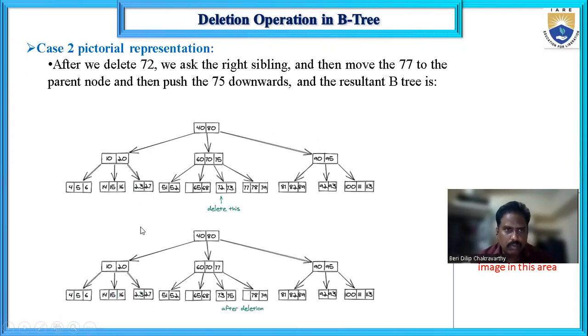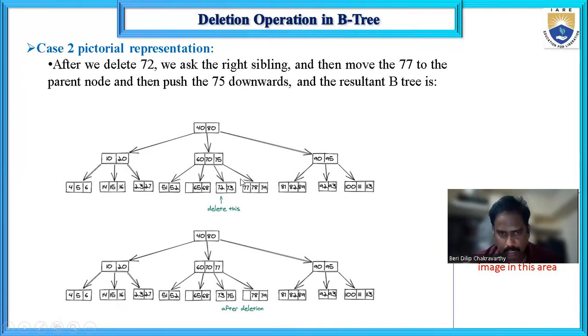In case two, we'll be getting from the right sibling. Observe here. If you are trying to delete 72, only 73 will remain. So I will get it from another sibling.